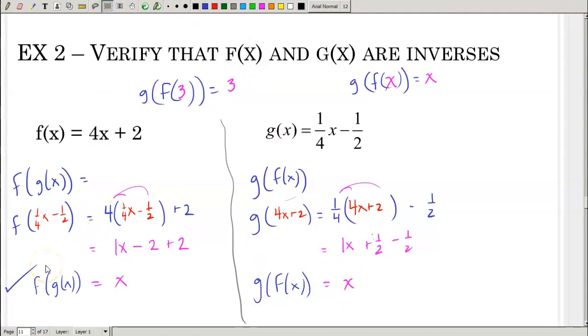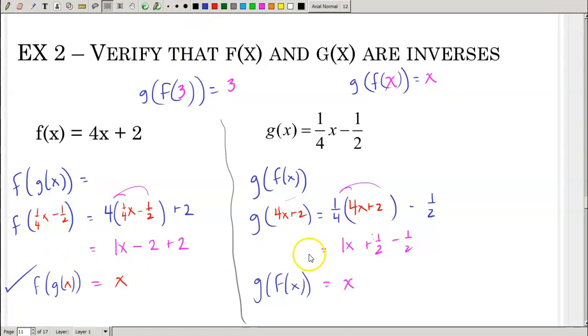So again, what we're saying here is if I start with x and I run it through these two functions back to back, I compose them, I show that for any number x, not even just a specific number, but for any number x, if I start with x, I am going to end with x as well.